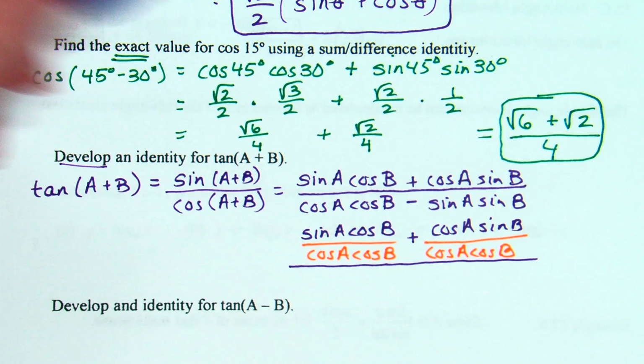Denominator: I'm going to have cosine A, cosine B, and I'm going to divide it by itself, cosine A, cosine B. Minus, and then I have sine A, sine B, and I'm going to divide it by cosine A, cosine B.